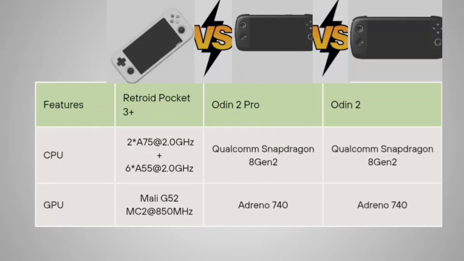Coming to the GPU, the Retroid Pocket has a Mali G52 MC2 at 850 MHz, and the Odin 2 Pro and Odin 2 have the Adreno 740 GPU.